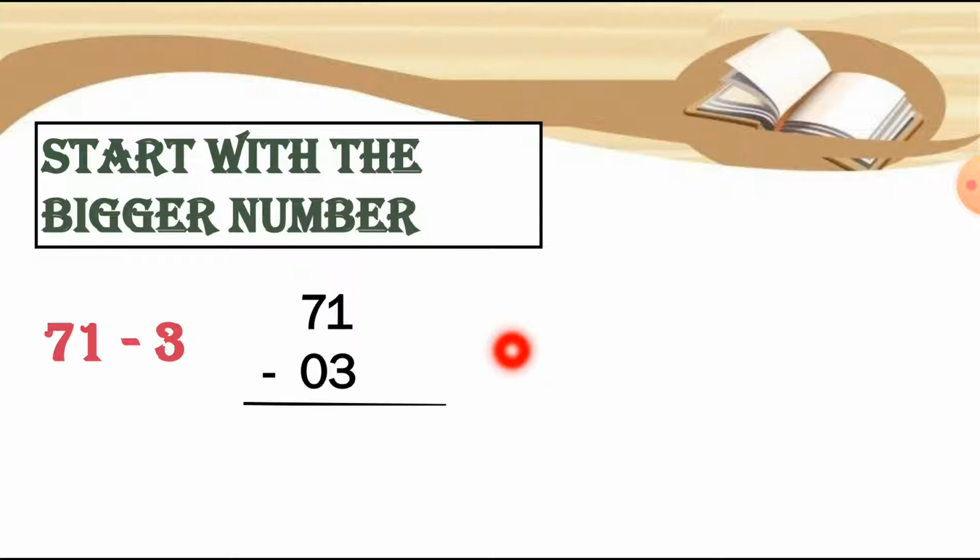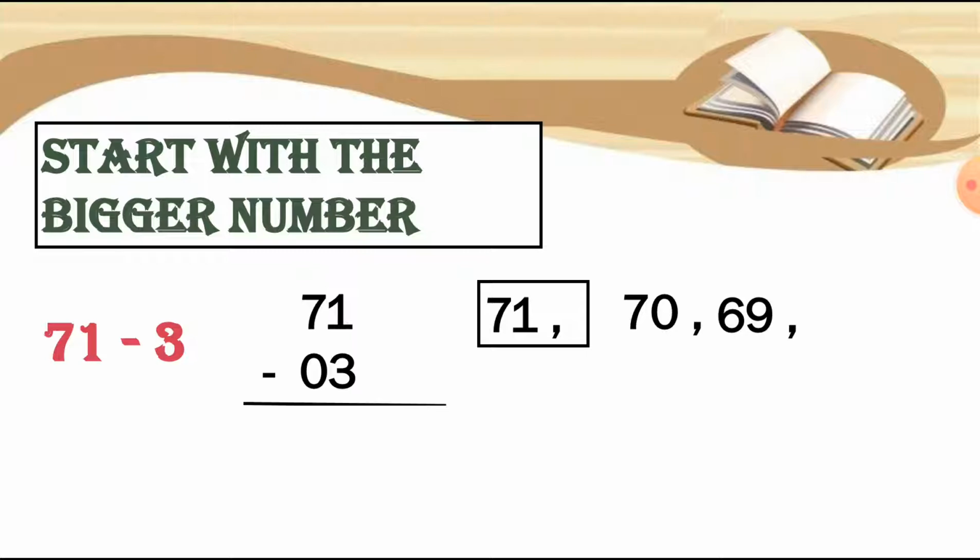Now we have to just count backward, and we have to start with 71. Here is 71. After 71 we have to move back 3 steps. Before 71 the number is 70. Before 70 is 69 and then 68. So these 3 steps are complete, 1, 2 and 3.